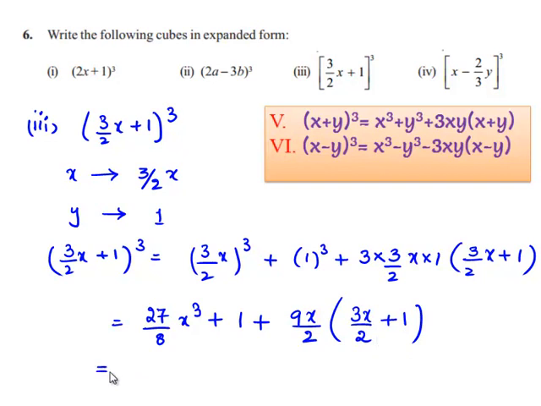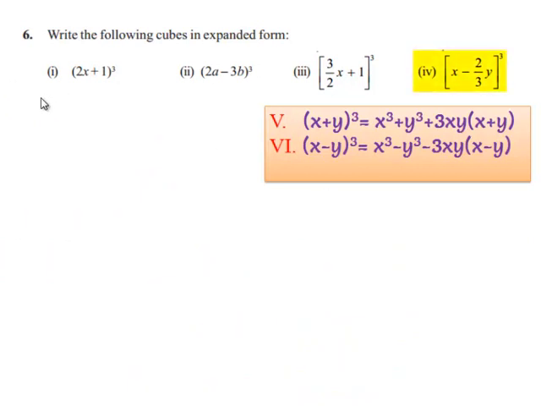This is in turn equal to 27/8 x cube plus 1 plus 9x/2 multiplied by 3/2 x gives 27/4 x square, and 9x/2 multiplied by 1 is 9x/2. Therefore, (3/2 x + 1) whole cube can be written as 27/8 x cube plus 1 plus 27/4 x square plus 9x/2.